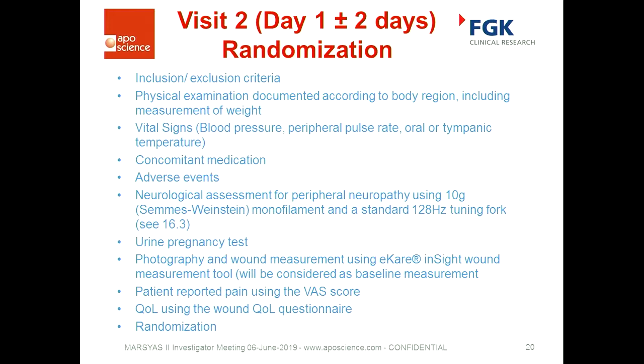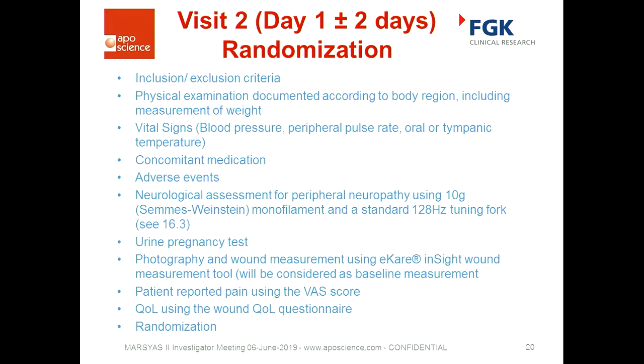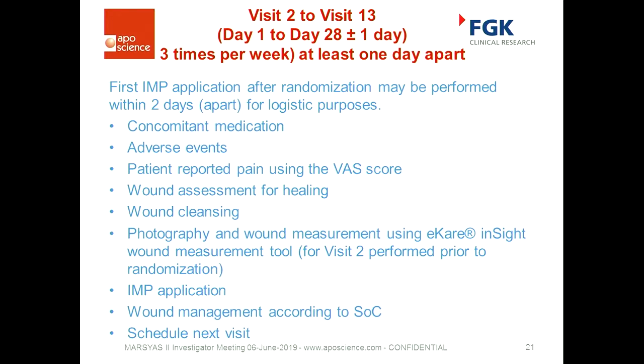So this confirms the last bit of your inclusion-exclusion criteria to judge if the patient is suitable for your study. Maybe the patient is already trained and puts the vertical line on your VAS and quality of life questionnaire, but with the first assessments, you judge if the patient is suitable, and then you apply the IMP on your wound.